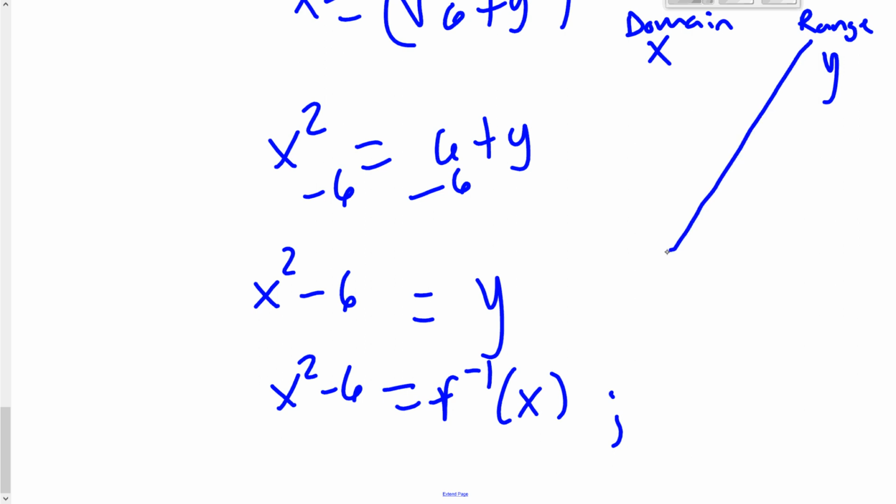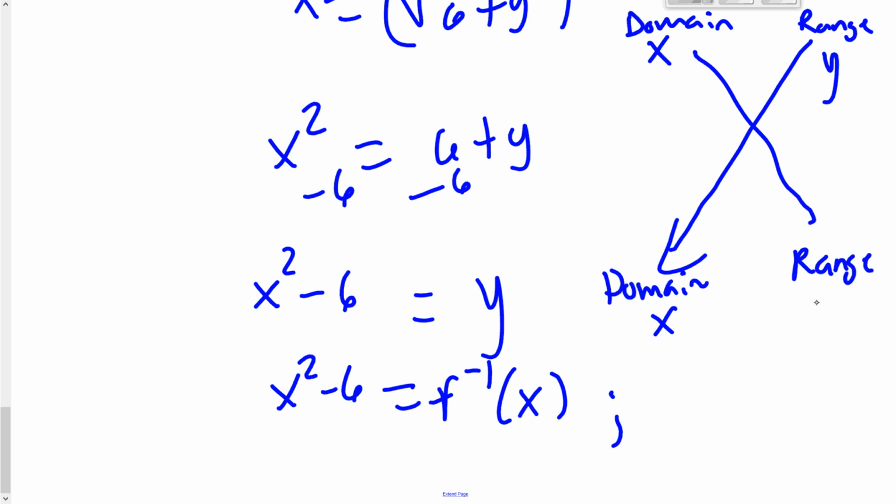So that means the range of my regular function is actually the domain of my inverse function, and my domain is actually going to be my range, because the x's and y's are basically switching.